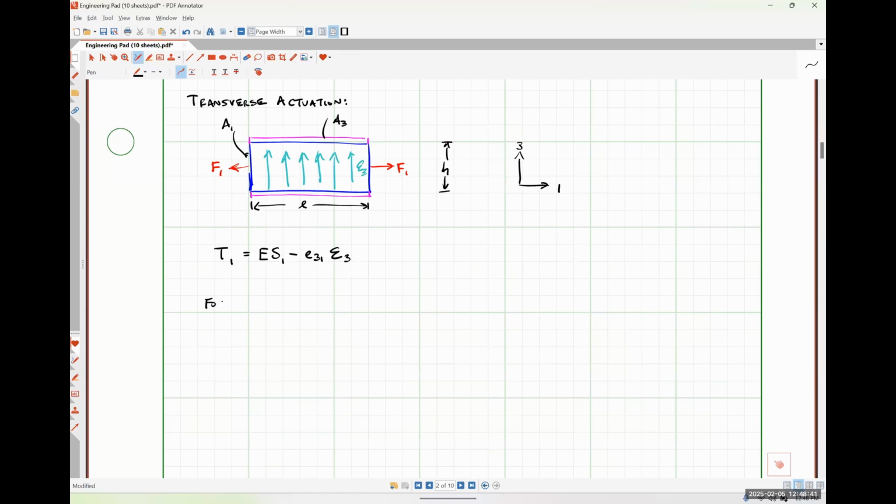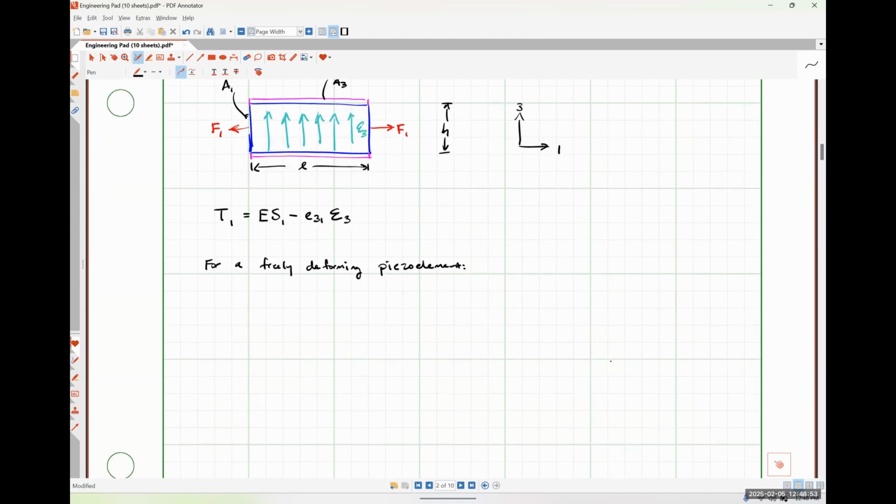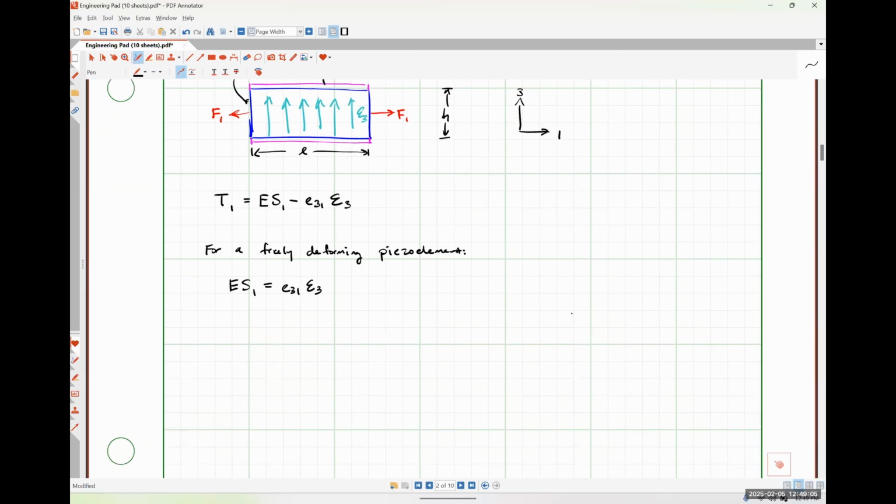So for a freely deforming piezo element, we would see then that E times S1 is equal to E31 times electric field in the 3 direction.